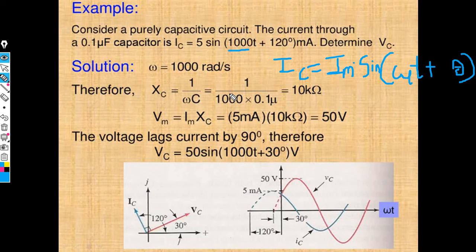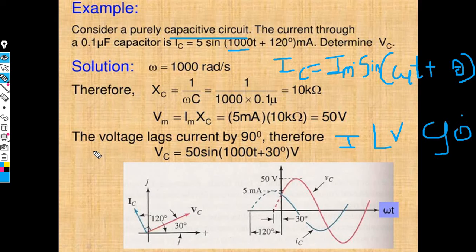This Im is 5, omega is 1000, and theta is 120 as given. But in a capacitive circuit, the current I is led by the voltage by 90 degrees.